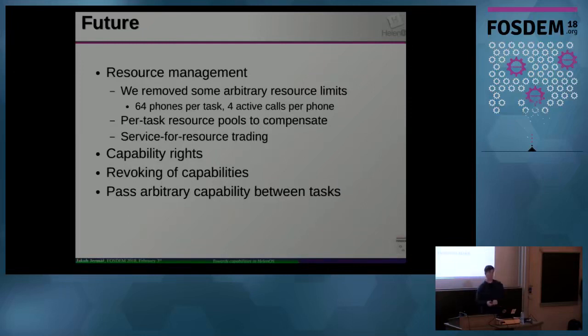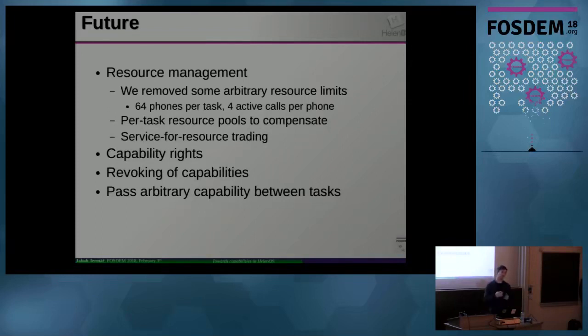A similar situation is that I removed a limit which was there for the number of unanswered calls sent over one phone. In the old HelenOS, it wasn't possible to send more than 4. If you sent the 5th, the kernel would block such an attempt. Because this was contributing to some hard-to-debug deadlocks, I removed it and instead decided that we can defer the problem to the resource allocator.